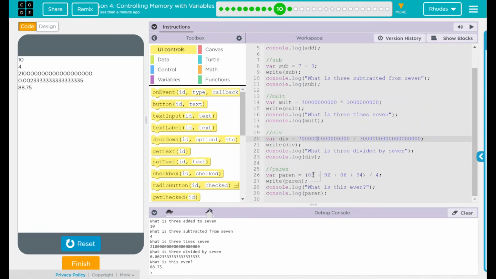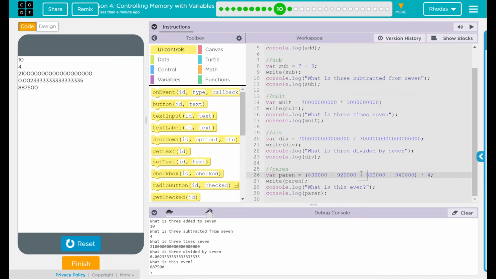Let's mess with our parentheses and see if anything happens there. I'm going to add 4 zeros to each. Oh, we missed a 0 on this one. Let's hit reset, run. There we are. I'm sure we can keep going up. Really, let's try multiplying instead of dividing.